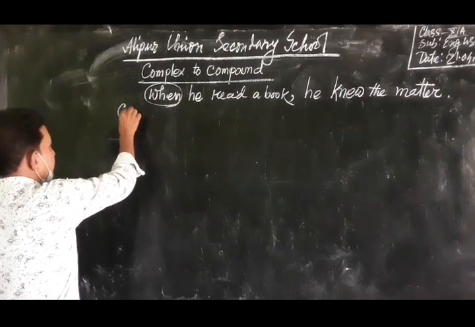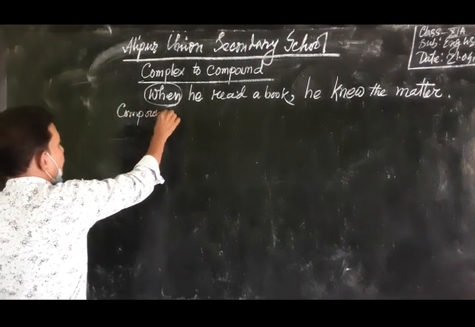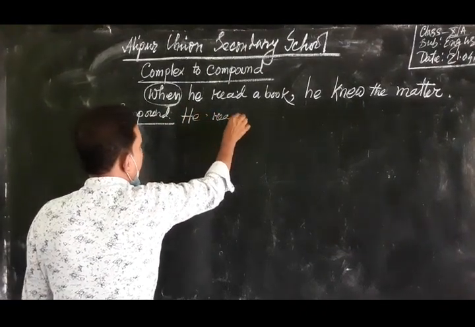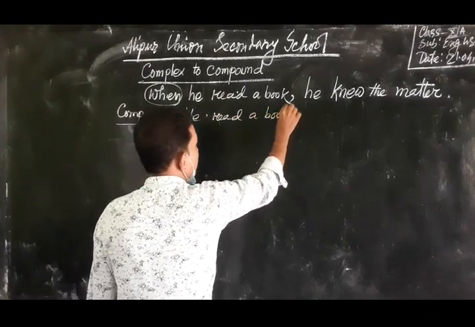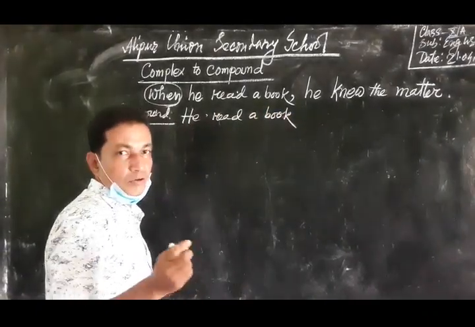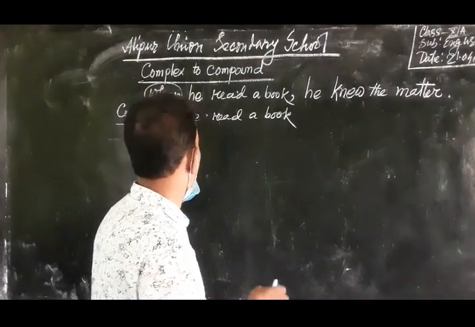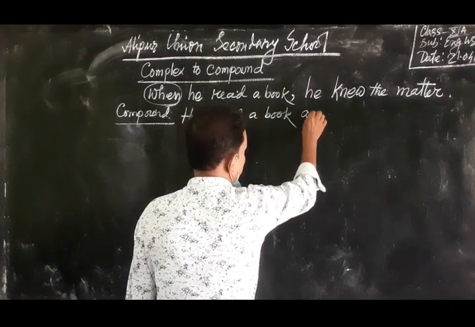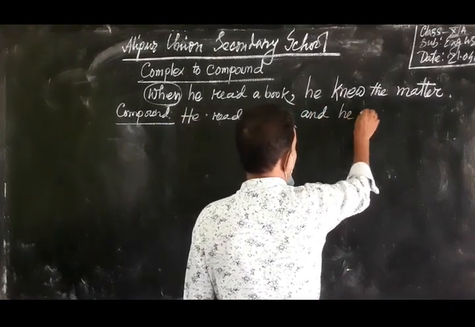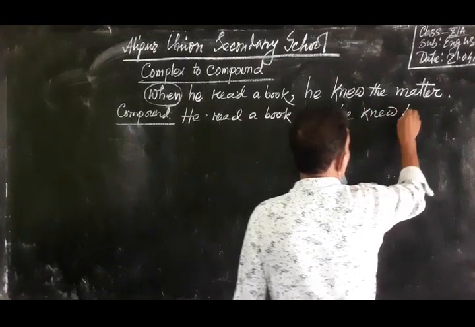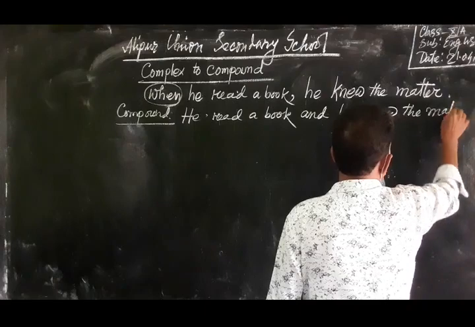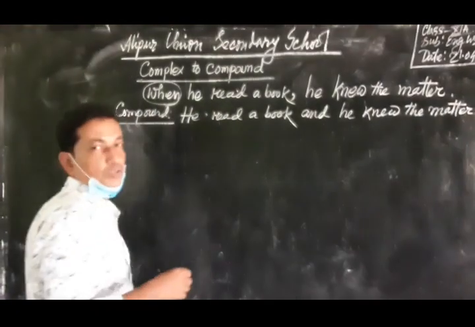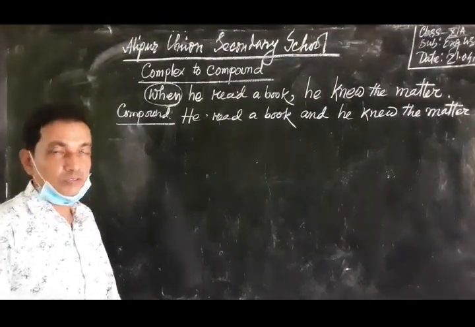So I may write: he read a book, and then we have to join a conjunction in the middle of the sentence. We should add here and: he read a book and he knew the matter. This is the first rule of compound sentence from complex one.